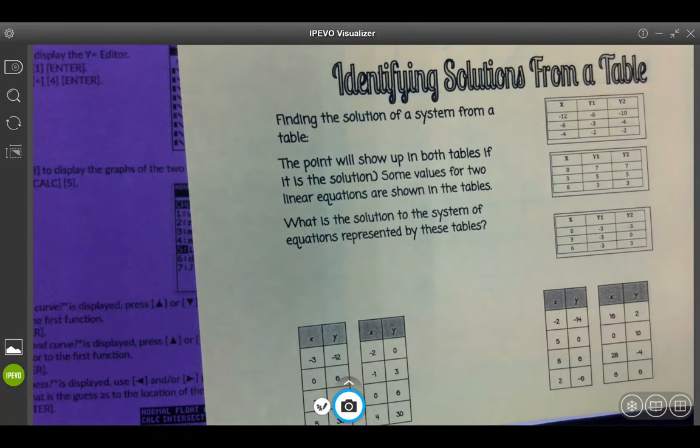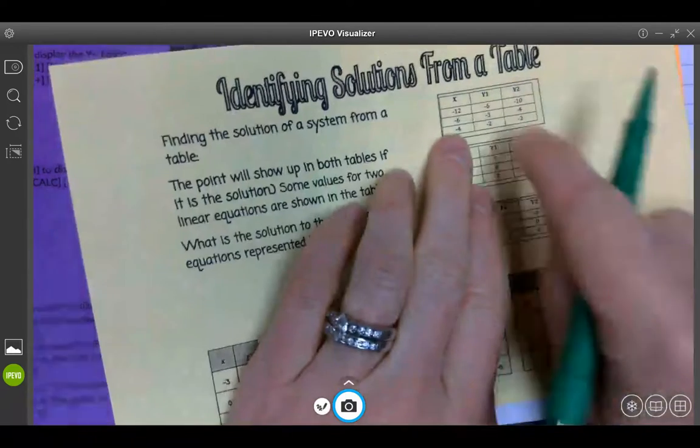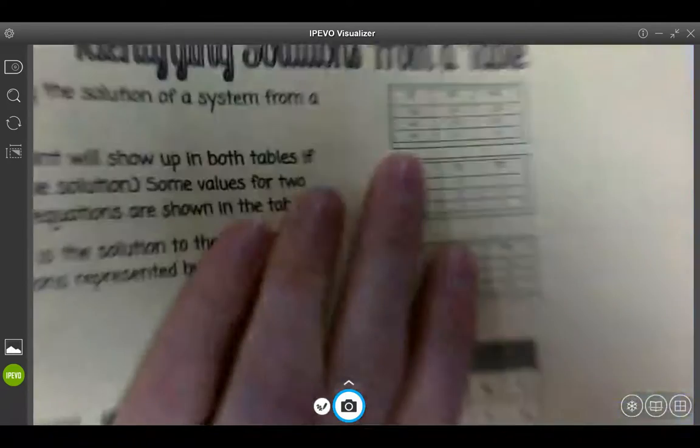The point will show up in both tables if it is the solution. Some values for 2 linear equations are shown in the tables. What is the solution to the system of equations represented by these tables? So what it's saying is that point will show up on both sides of the table. So in a calculator, this is how it's going to look.